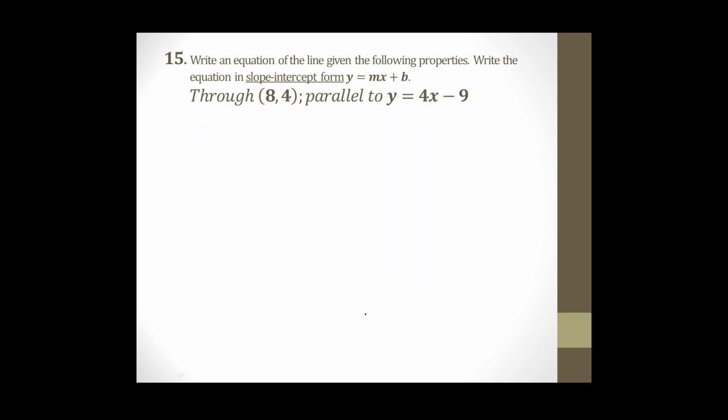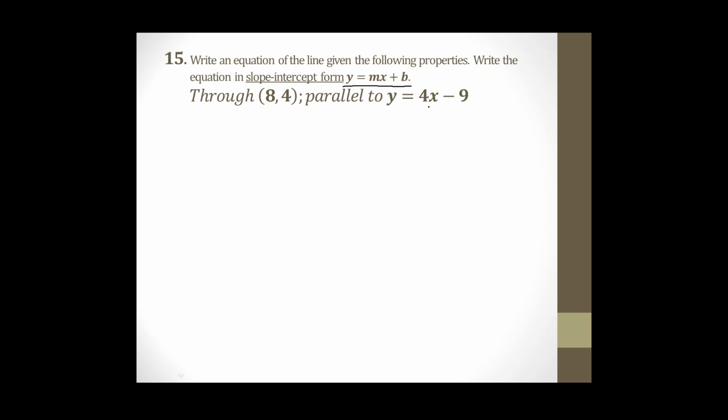In this case, it wants us to write an equation of the line given the following properties. And this time we want the equation of the line in slope-intercept form. So right here is the slope-intercept form of an equation. And this equation goes through this point and is parallel to this line.